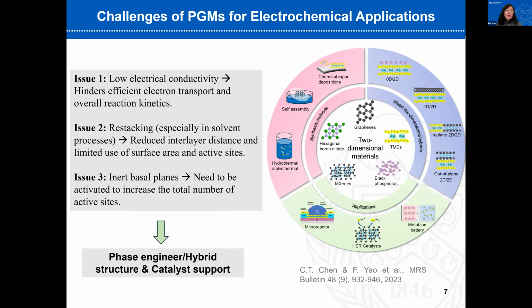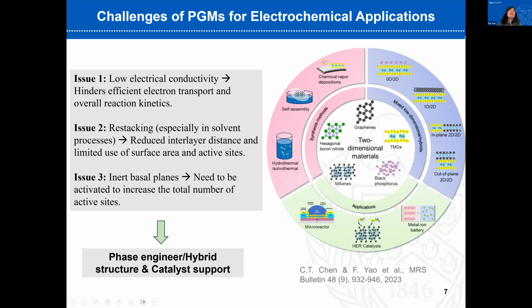So despite we have a lot of good publications and the field has moved significantly using the PGM for electrochemical applications, there are several issues that still exist and need to be addressed. The first one, let's take MoS2 as an example again. It has low electrical conductivity, which will hinder the efficient electron transport and therefore the overall reaction kinetics.